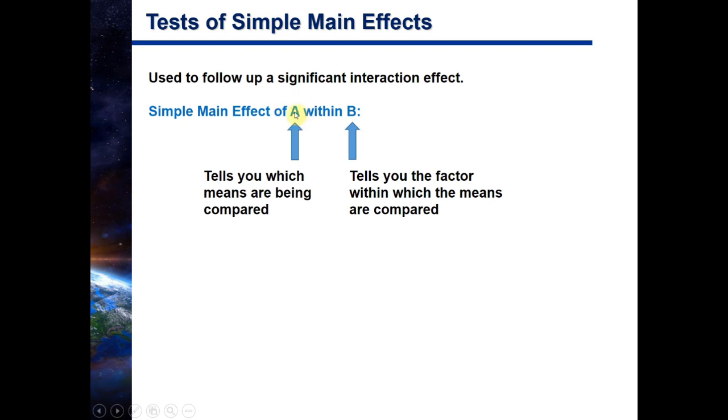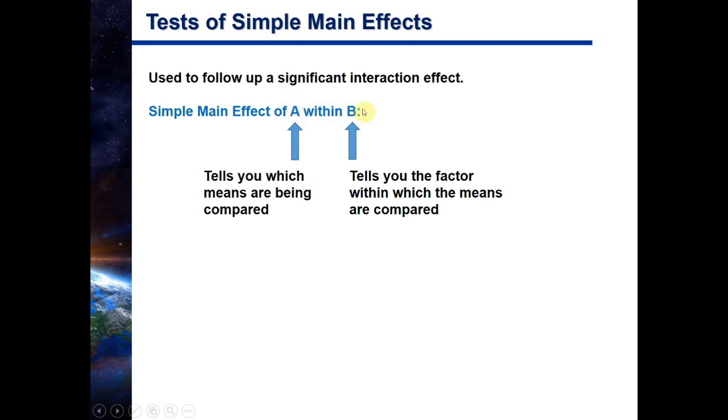Factor A, whatever you put in this position, that tells the reader which means are going to be compared. So if I'm reading this, I know that you're doing a test and you're going to compare the different means of A, so level A1, level A2, whatever.